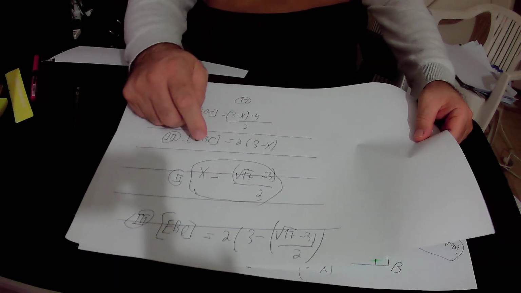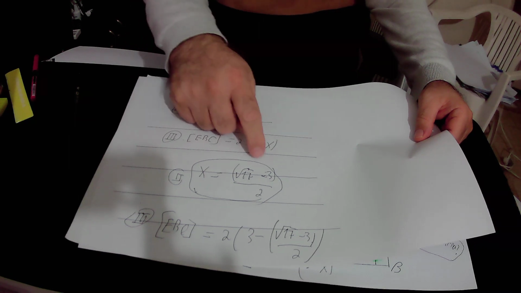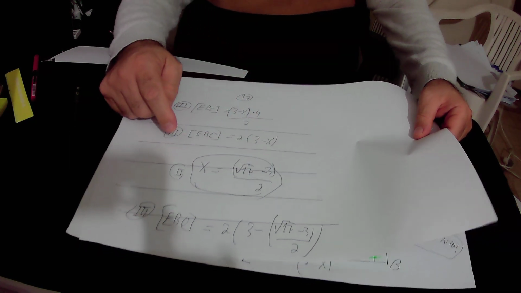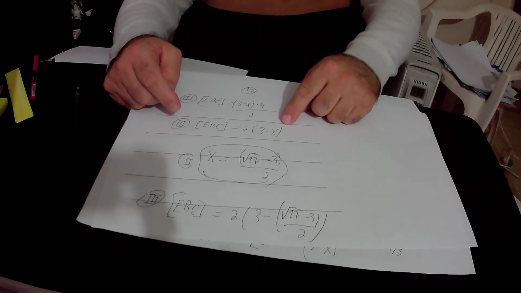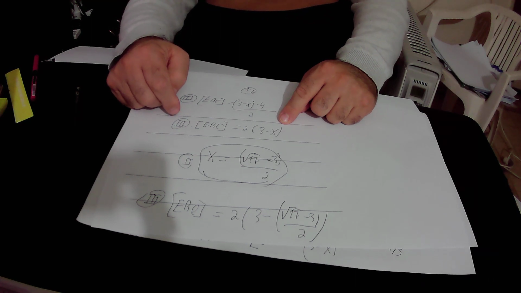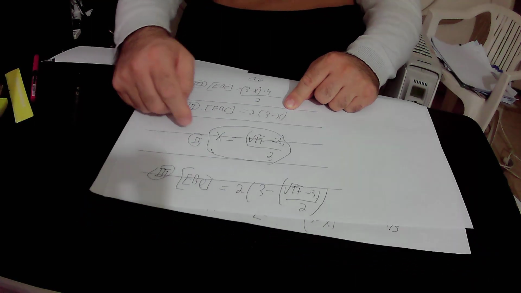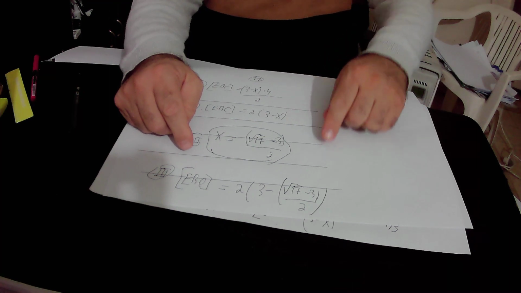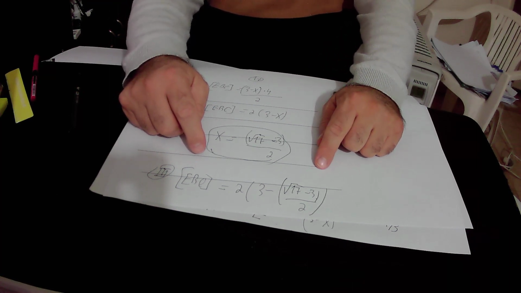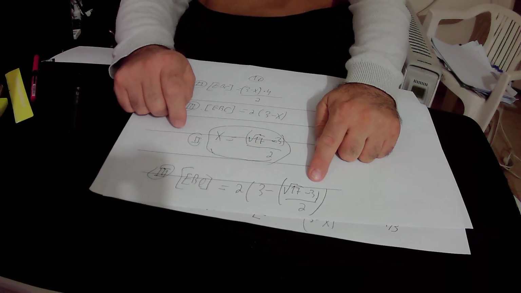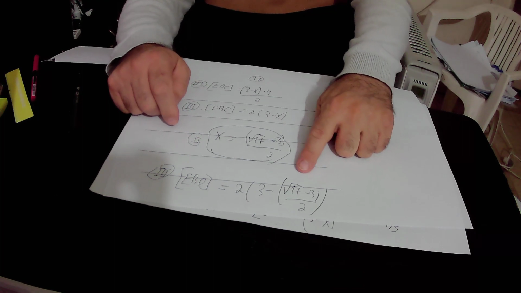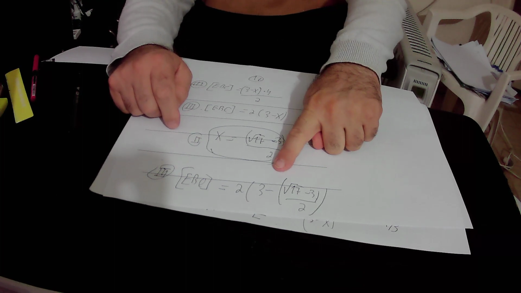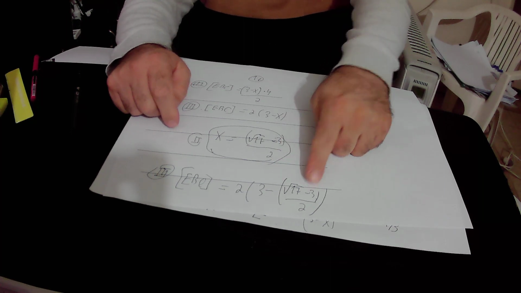And we already found out that x equals (square root of 17 minus 3) over 2 according to equation number 2. So we place the value of x inside x in this equation number 3. And we got that the area of the green triangle EBC equals 2 times (3 minus, this is the value of x). Then here we multiplied 3 by 2, and then we divided by 2 in order to have a common factor with this expression.